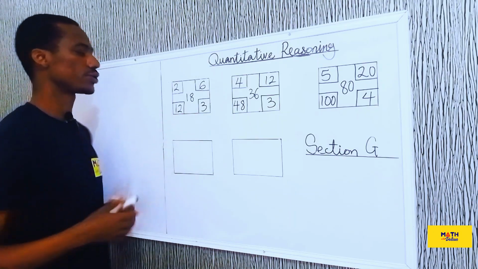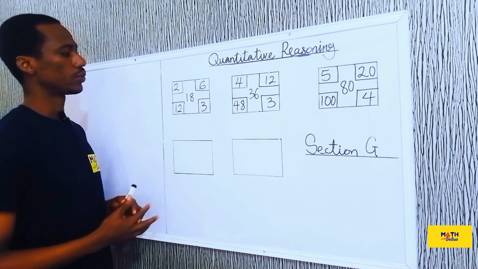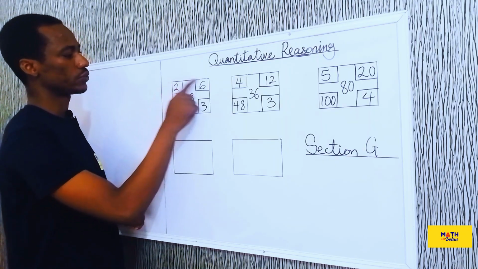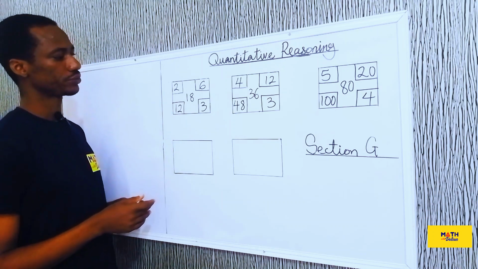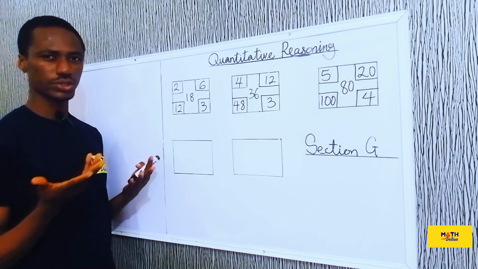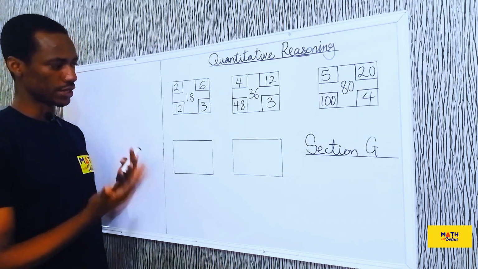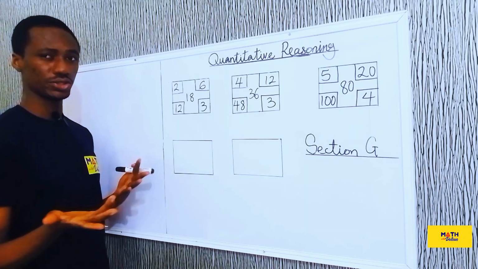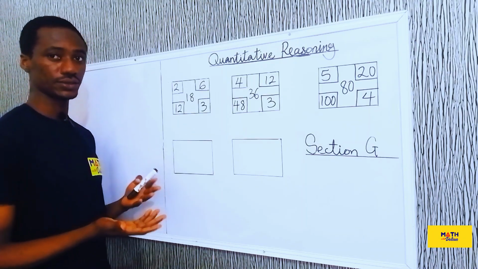So we start with this first one and see what can we quickly see. We can see at the corners we have 2, 6, 3, and 12, and then 18 at the center. So from my multiplication table, I know there's a relationship between 2, 6, and 12. I know there's a relationship between 3, 6, and 18, right?